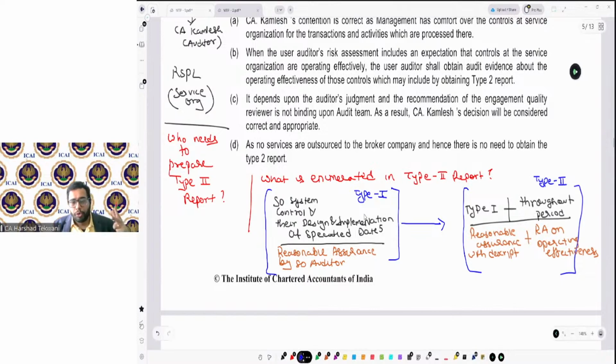So there are two things. One, the descriptions and throughout operating effectiveness prepared by the management of the service organization, and the reasonable assurance provided by the auditor.